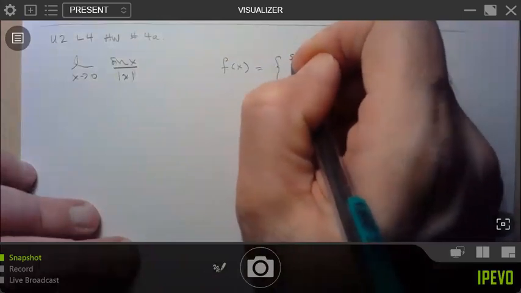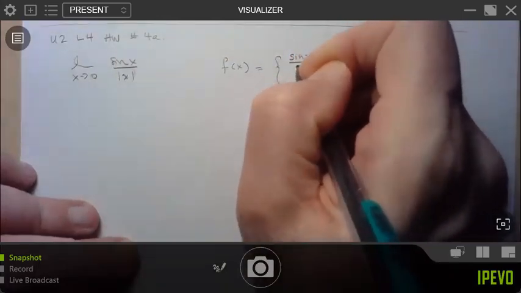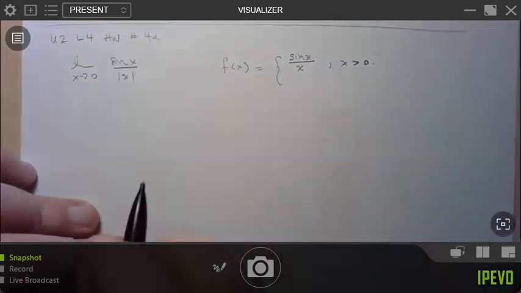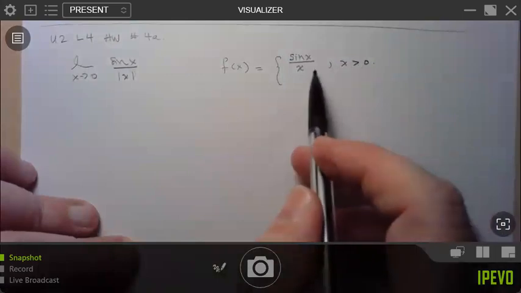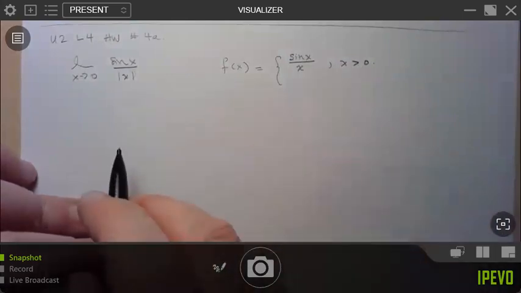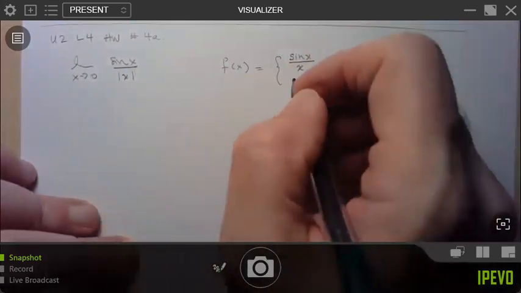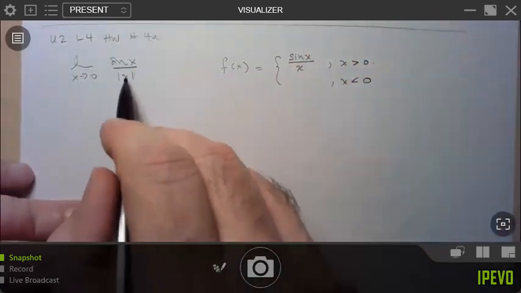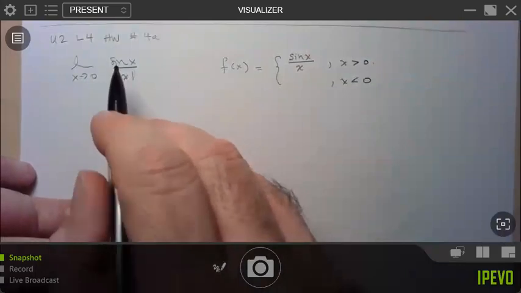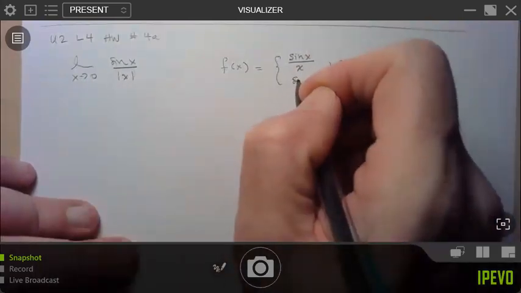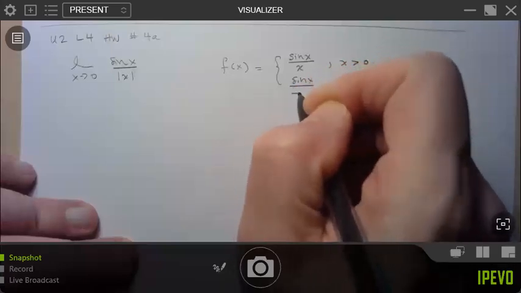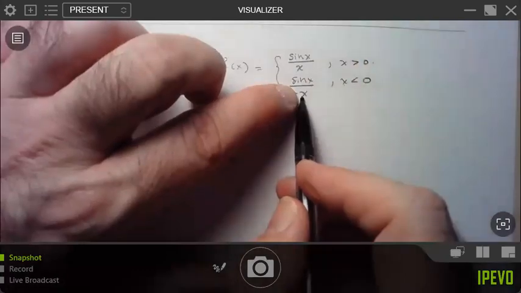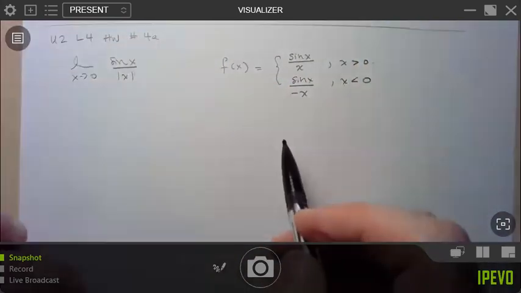So it's going to be equal to sine x over x if x is greater than 0. Notice here I don't put equal to 0 because clearly this is not defined at 0. But then what's this going to be equal to when x is less than 0? What is the absolute value of x? How were we able to write it as a piecewise function? We were able to rewrite it as negative x, because if the x value is negative, how do I make it positive? By sticking a negative number in front of it.